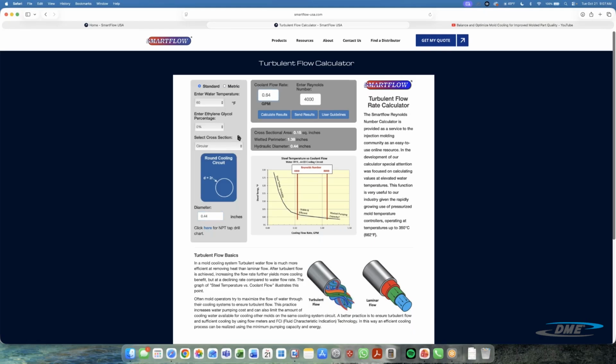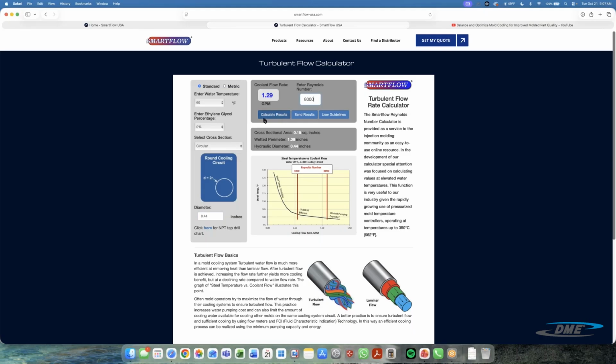So in order to get to turbulent flow at 60 degrees Fahrenheit through a 1/4 inch port, we need 0.64 GPM. Let's go 8,000, so we'll go to the top end. We need 1.29.